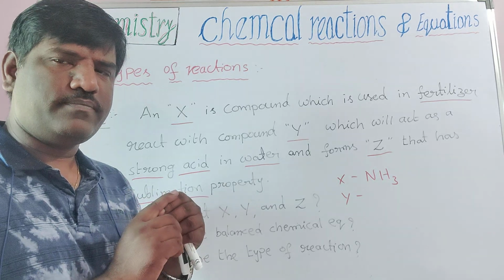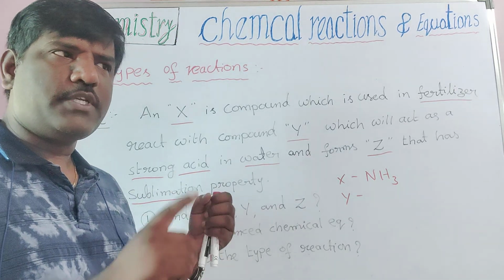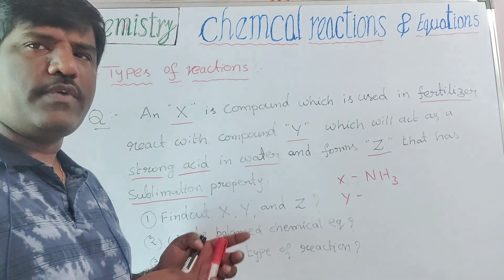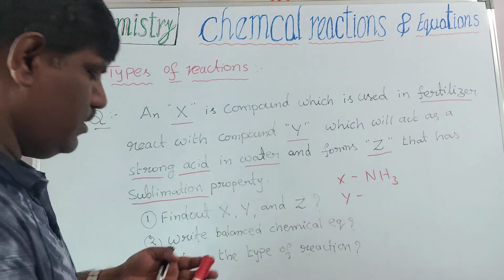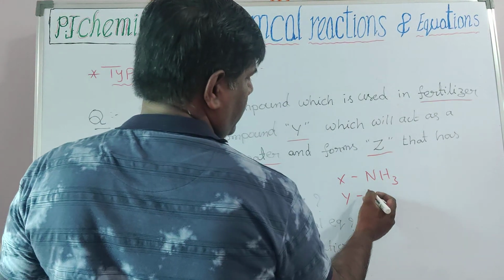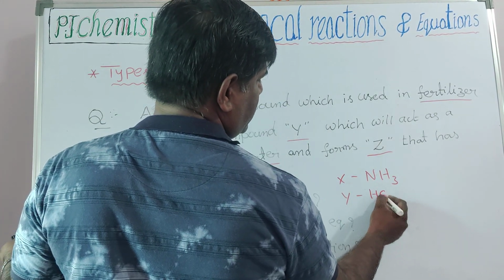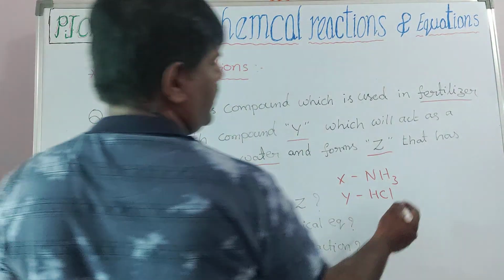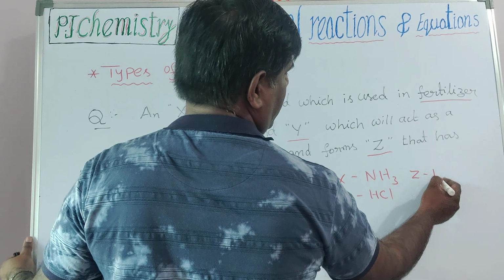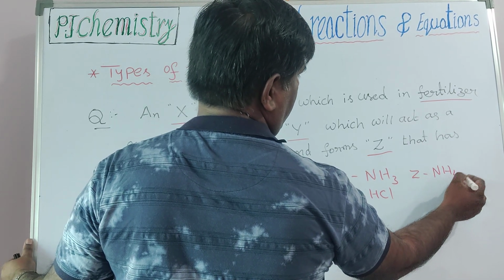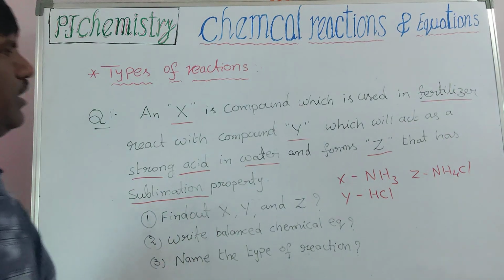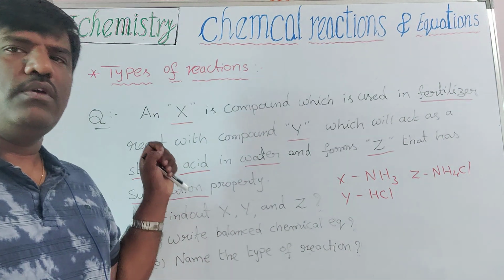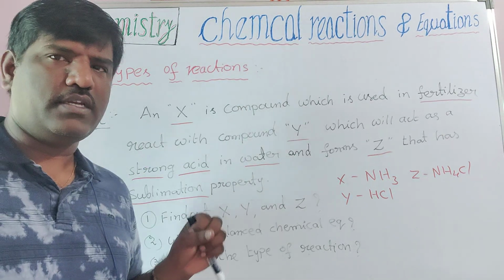In these 3, sublimation property means ammonium chloride, one idea. So chlorine we should get from HCl only. Now these both are combined. The Z is NH4Cl, ammonium chloride. Like this, whatever data questions they ask, they will give a hint also. You should catch that hint.